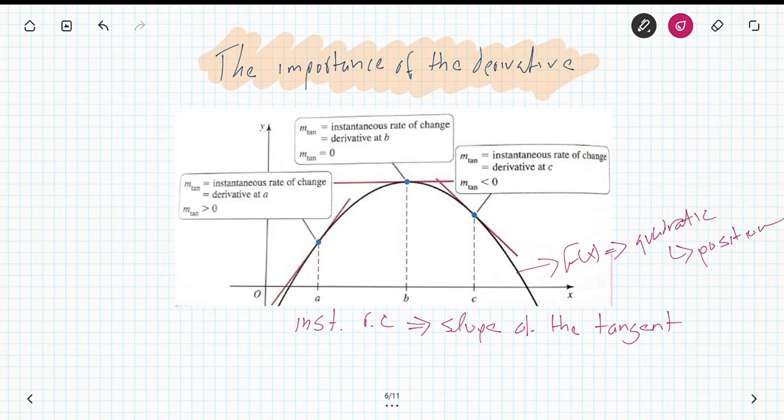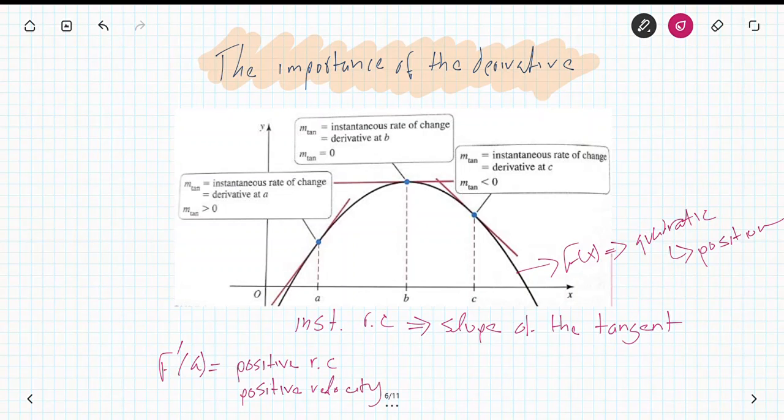If we were to take the derivative of that function and evaluate it at, for example, x equals a, then we would get a positive rate of change, which means a positive velocity.